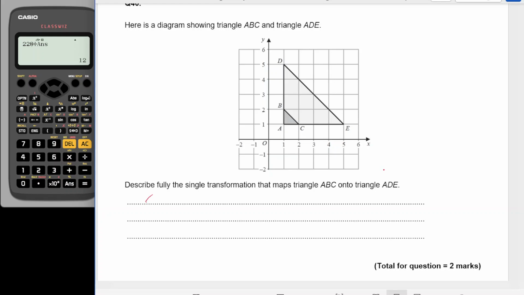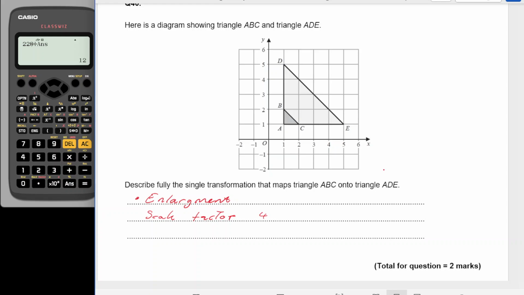Okay, so it's an enlargement. Scale factor. So it's normally 3 marks for 3 parts, particularly as it says type of transformation: enlargement, scale factor, and that's how many times bigger it is. So if that length is 1 and that length is 4, it's a scale factor 4.